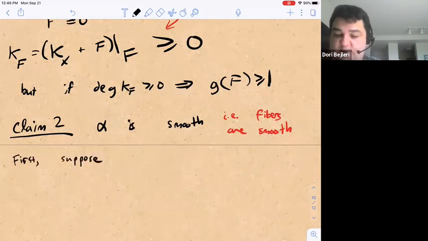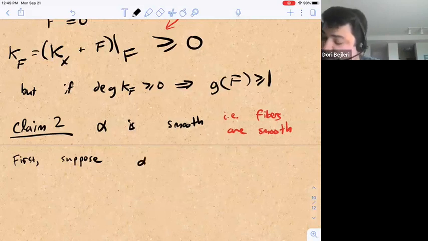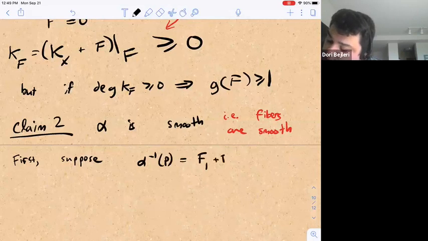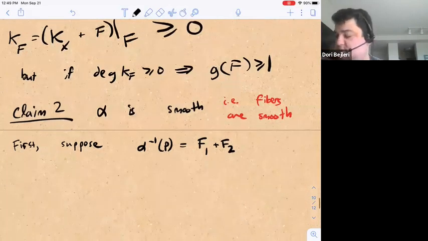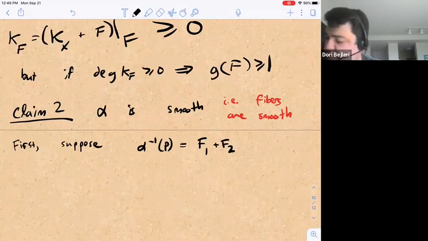So suppose that some fiber was reducible. So we could write it as F1 plus F2, where the supports of F1 and F2 are not the same. So we'll draw a picture like that.